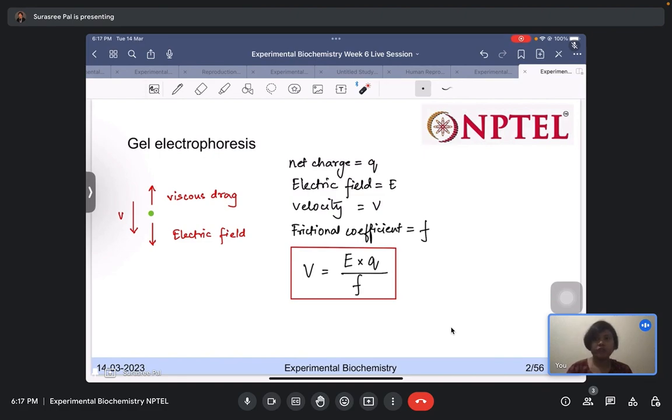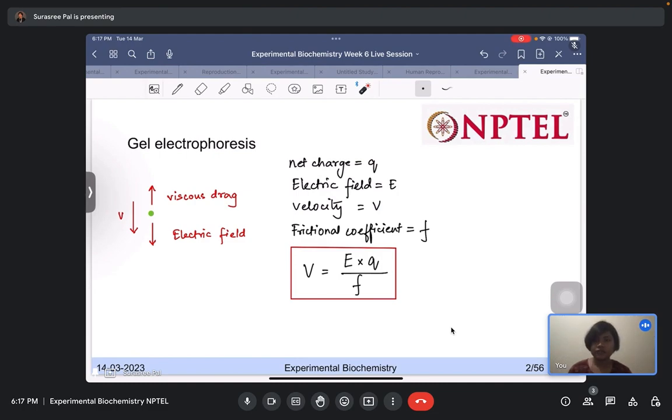When we want to run our protein or DNA sample on a polyacrylamide gel or an agarose gel, we apply an electric field. Our molecules, either protein or DNA, migrate along the electric field.